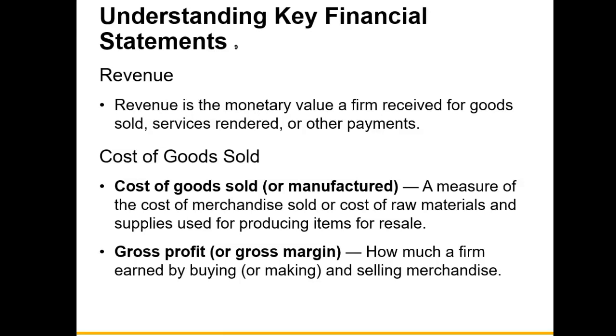But if you're making the actual product, such as a car manufacturer, then we're asking what did it cost you to generate that actual product? So again, revenue minus cost of goods sold equals your gross profit or your gross margin. That is showing how much a firm earned by just making and or selling that actual product.